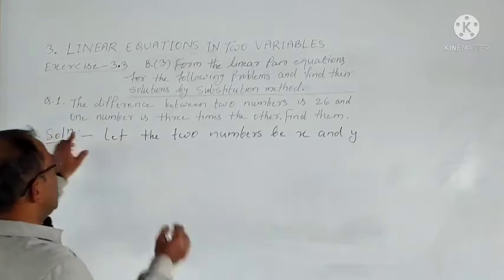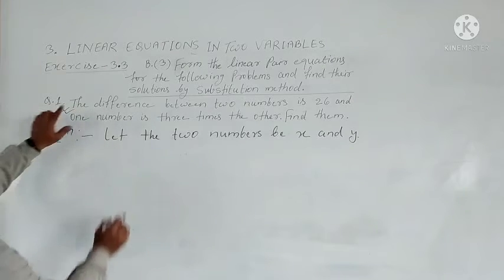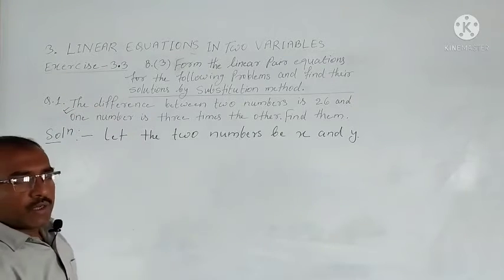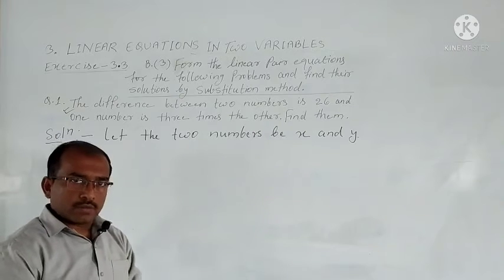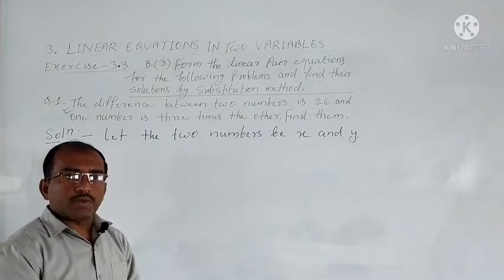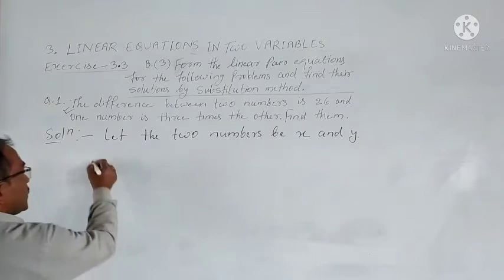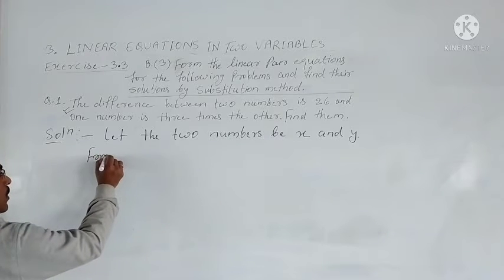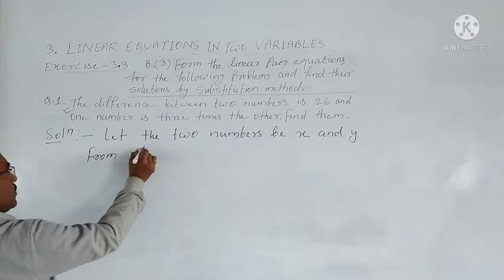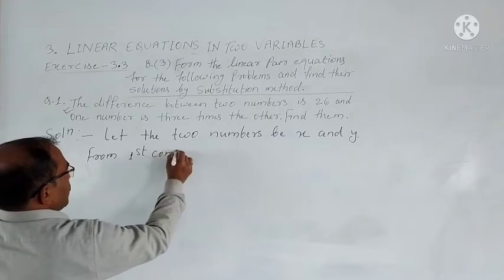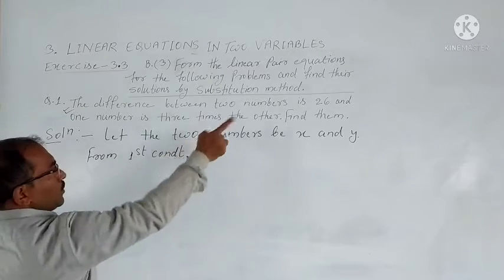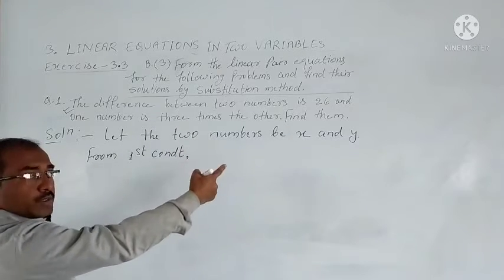Then first condition in the question is what? The difference between them, and we know that when difference is asked, that is the two things we subtract, we get the difference. So from the first condition the question says difference between two numbers is 26. What are the two numbers? X and y.